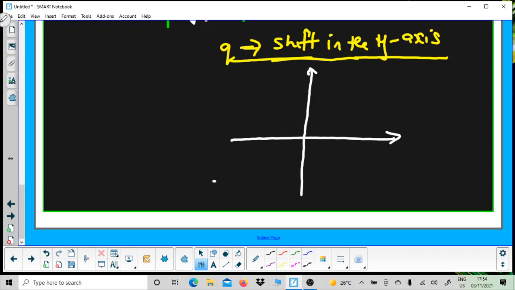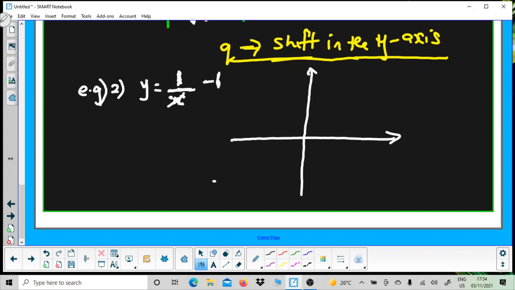So let me give an example of, let's say, number 2. Example number 2, I'm going to say y is equal to, why don't I still use 1 so you're not confused about life? I'm going to say 1 over x. Do you remember the graph of 1 over x? Now, what will be the difference between this one that I'm about to put? So I'm going to say 1 over x minus 1.